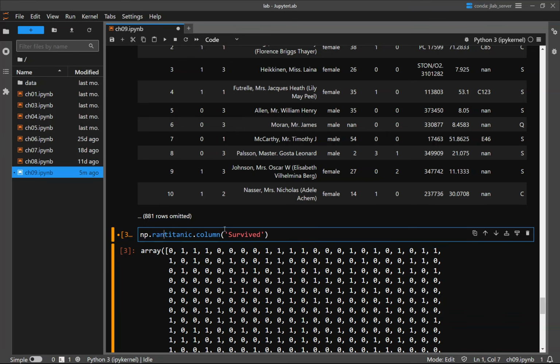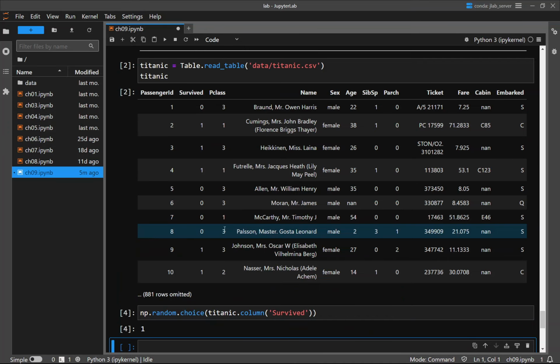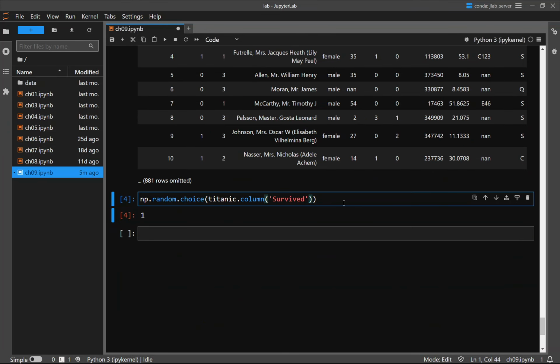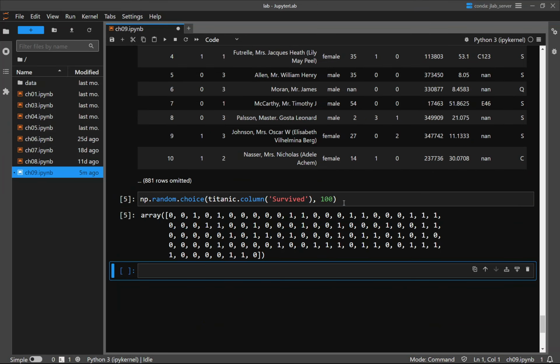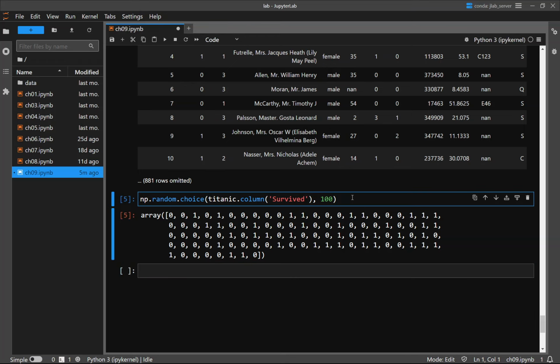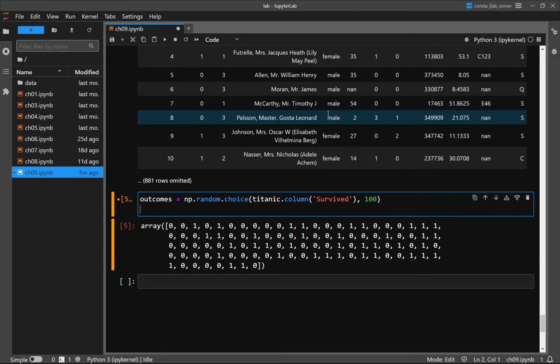np.random.choice on all that. And this just gives me one element of that, but I want 100. See how that's going to give me 100 random passengers from the Titanic, ones and zeros, and whether or not they survived. So those are like my outcomes, going back to this example. Those are like lived or died.